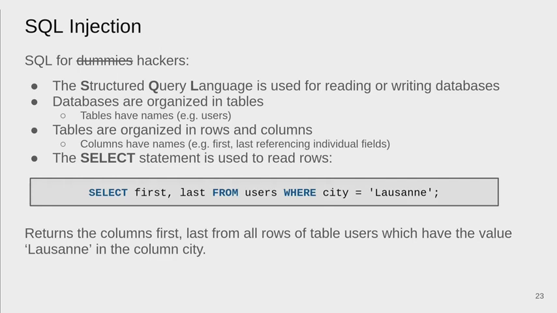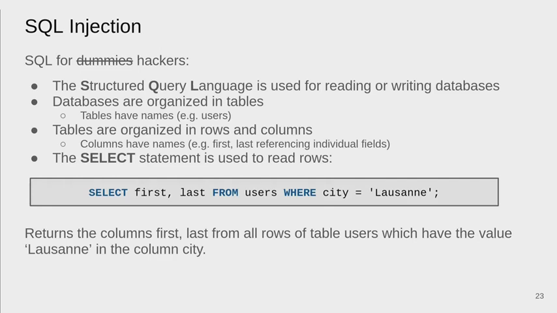Databases are organized in tables. Think of a table as a Google Sheet or an Excel sheet where you have a name for the sheet, such as the table users. The tables are organized in rows and columns. Columns have names, for example first and last, referencing individual fields of the users.